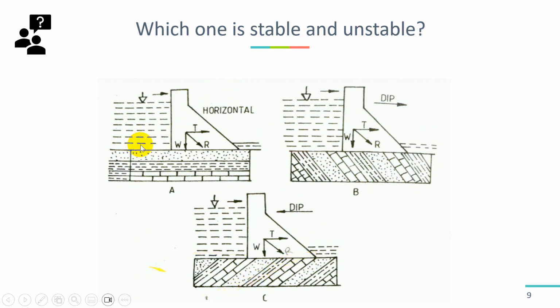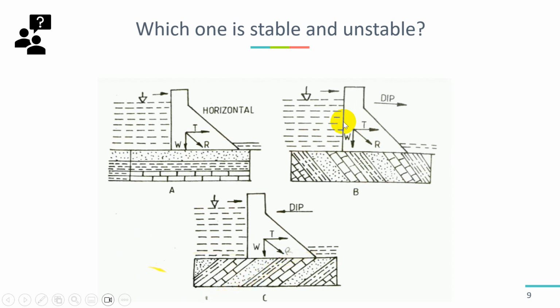The first image is the dam, and the layer is horizontal, the same direction as the flow. And the second, the layer direction is the same direction as the resultant force.